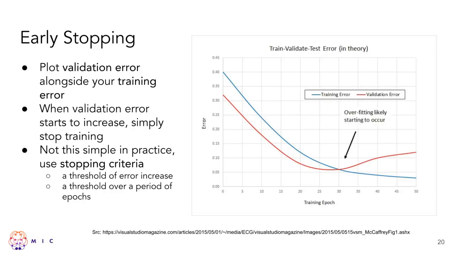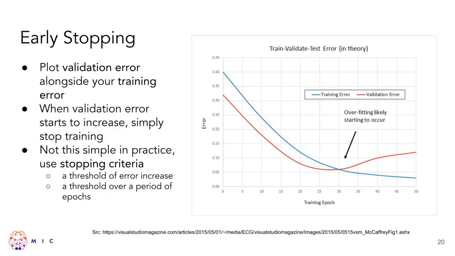Okay, our next technique is called early stopping. So early stopping says let's prevent overfitting before it even happens. Remember earlier how I talked about how if you overtrain, you'll overfit.